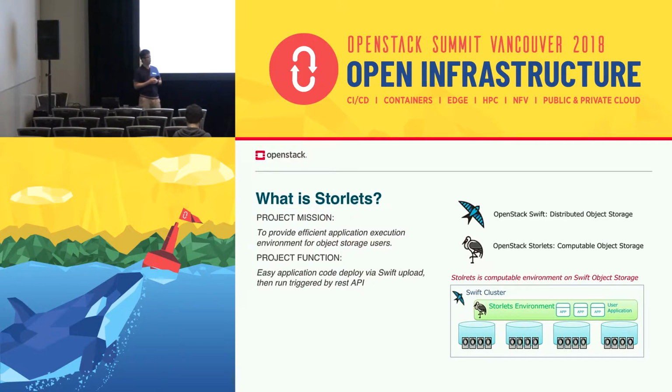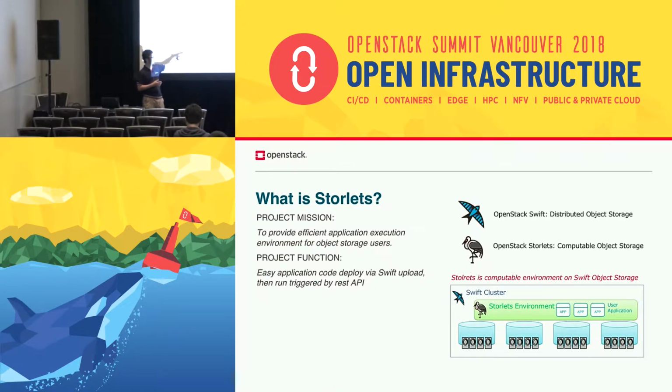The graph from the left side describes a high-level overview of OpenStack Swift and Storlets. OpenStack Swift is one of the oldest projects in the OpenStack community, and it makes a really scale-out storage cluster with commodity hardware that is equipped with HDDs or SSDs.